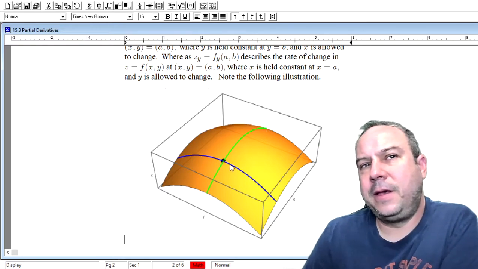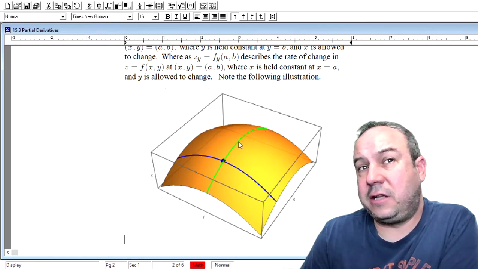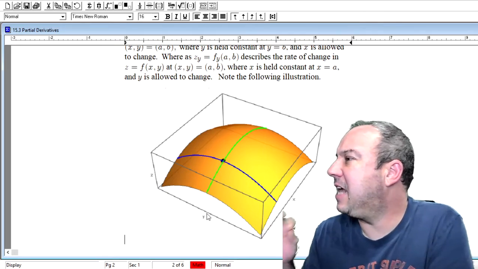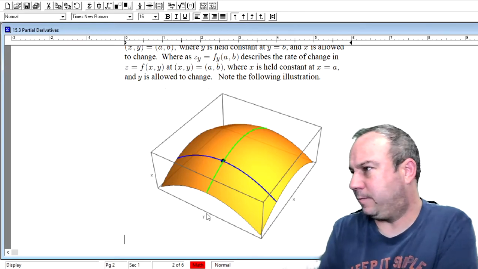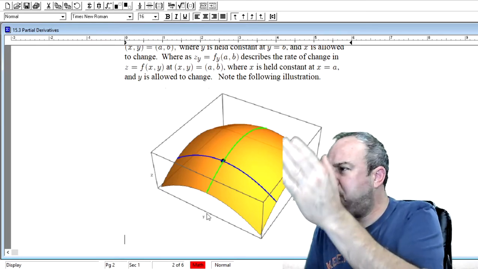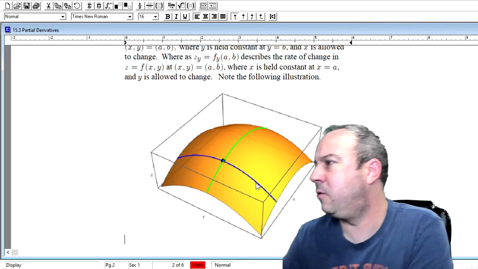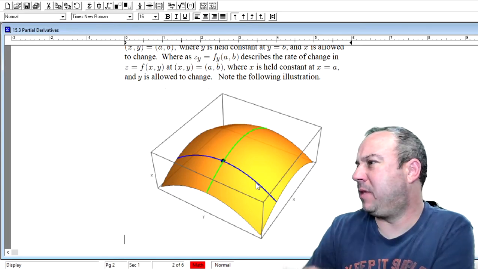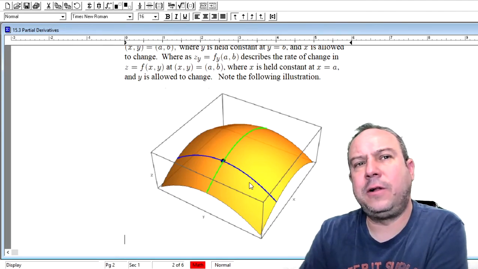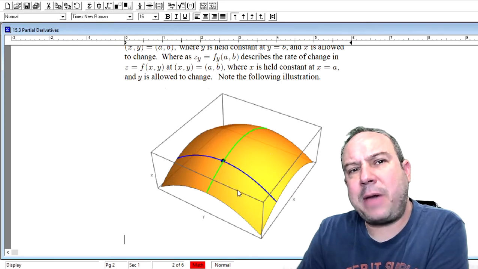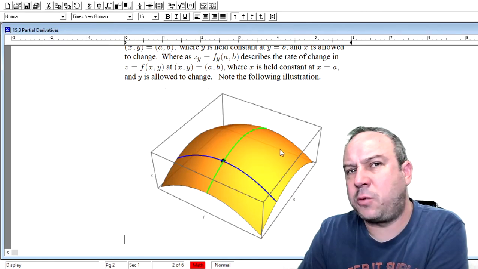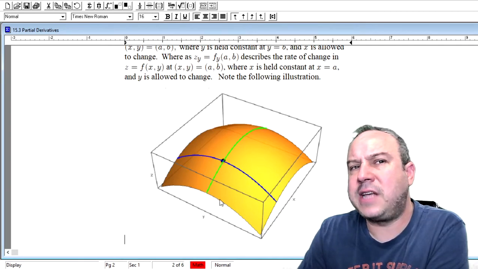Right? Along that path, y is being held at a constant value. If we were actually to project that path down to the xy plane, and I maybe should have put this in the illustration, but I didn't want to jumble up the illustration with too much material, it would be a horizontal path passing through just the value of y.